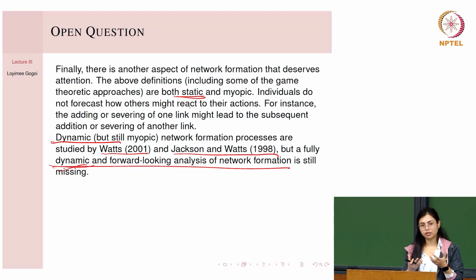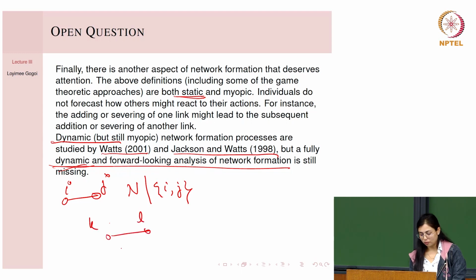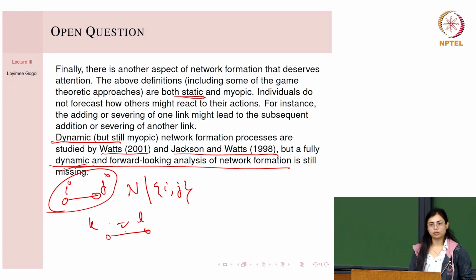For the dynamic process, as I mentioned, suppose one link is going to form. How are the rest of the players going to react? Suppose there is another link, say between K and L, then how will the players get affected after forming this link? It should be a one-by-one process.